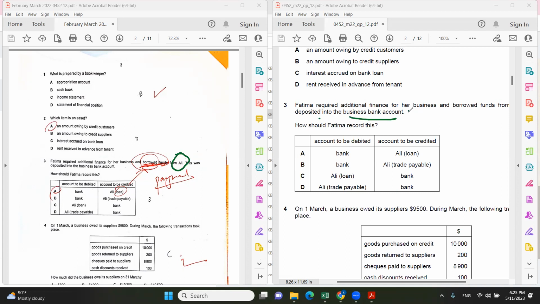That means the bank received money. When you receive, it is debit. Who is giving out? Ali is giving out, so Ali must be credit. So how does Fatima record it? Debit bank, credit Ali. Why do we need to put loan? Because this is borrowed funds. Borrowed funds means loan. Okay, next.